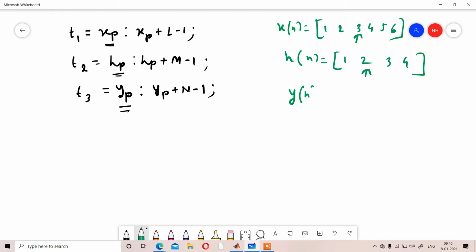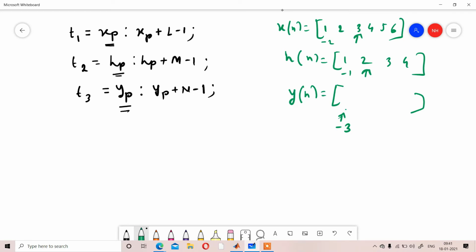Y length is 6 plus 4, 10, minus 1, so length will be 9, and the starting index will be minus 2 plus minus 1, so minus 3.